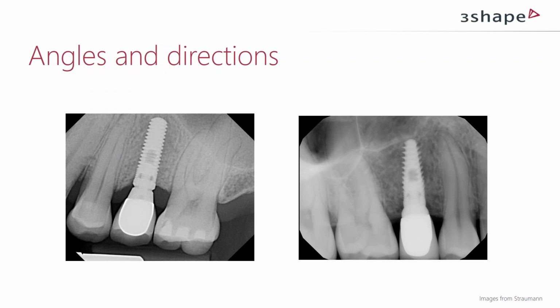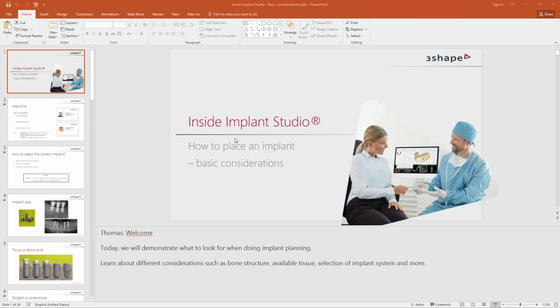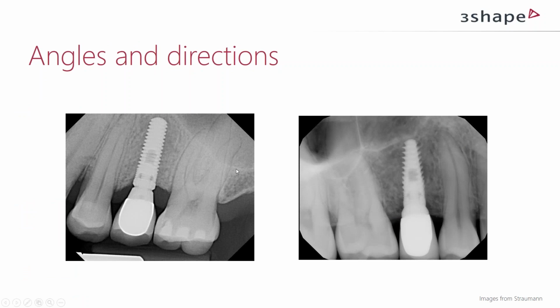This means that the momentum that can occur if the crown is too big or the implant is too short, that there will be a tension so it rotates out of the bone, will not occur. So following nature gives more stability and more predictability as well.